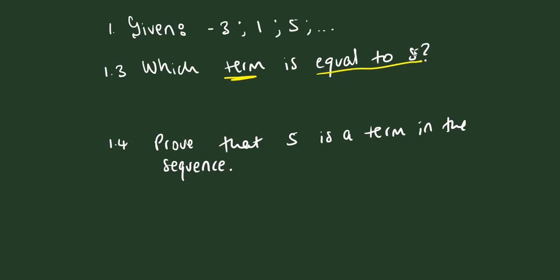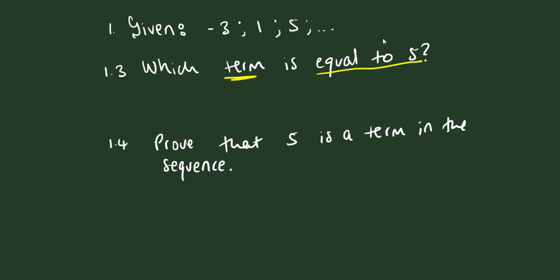They give you that the term itself is 5. They're not going to write which position 5 is in. They're going to say which term. So whenever you have to answer your question by saying term number 3 or term number 2 or term number 1 or term number 7, it means you have to find the position.